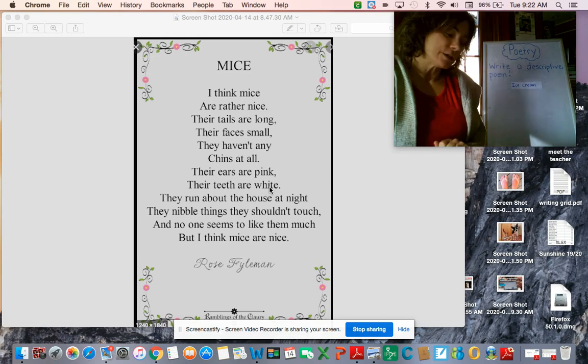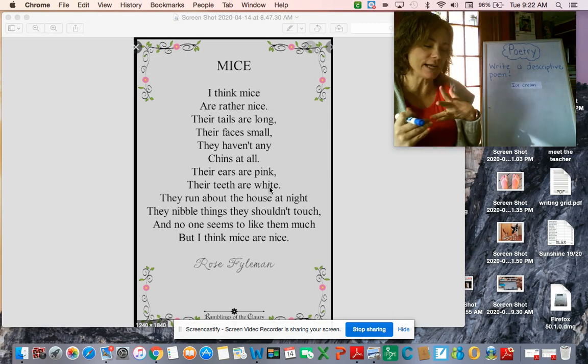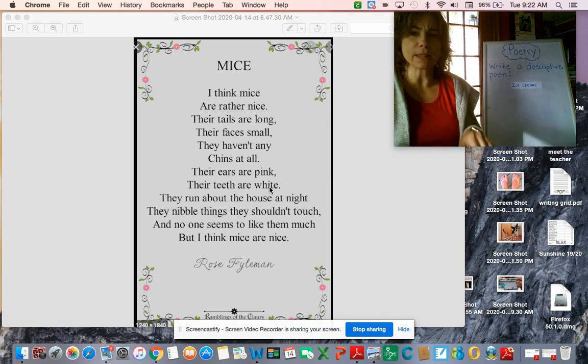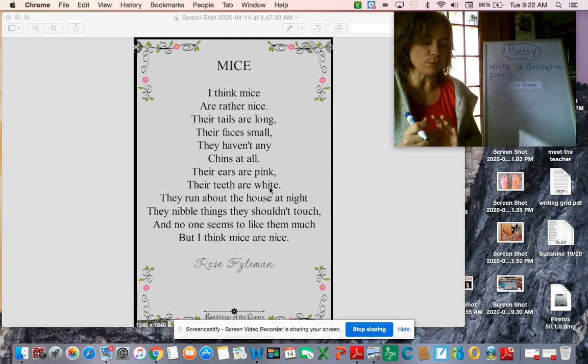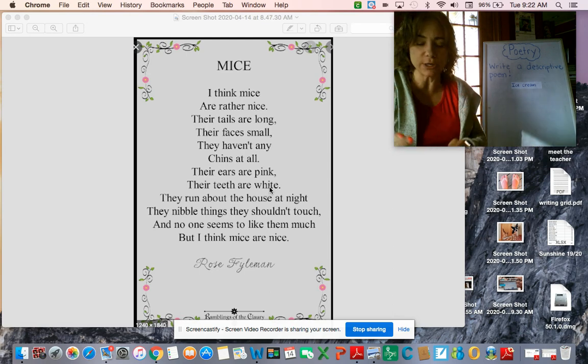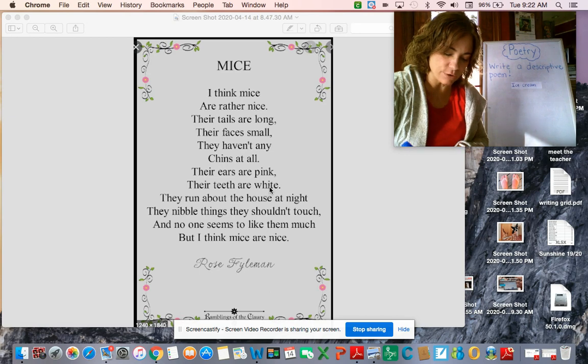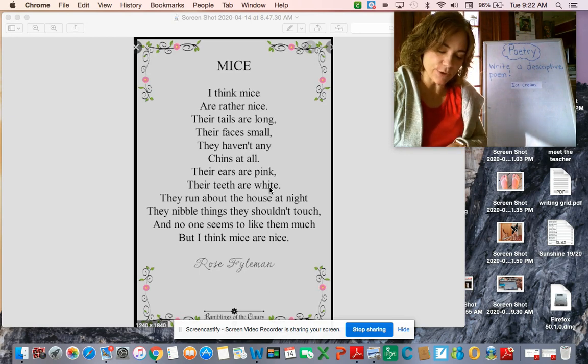Okay, so now I'm going to think about how that ice cream maybe feels. First of all, I know that ice cream is cold, so I want to add a little bit more. I don't want to just have one word, so I'm going to write the words very cold. So I described how cold it is.